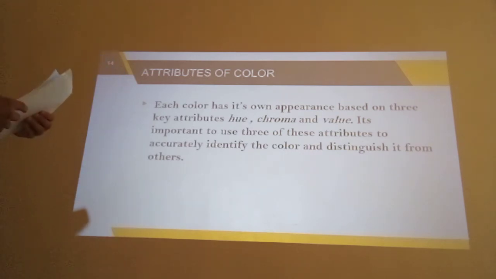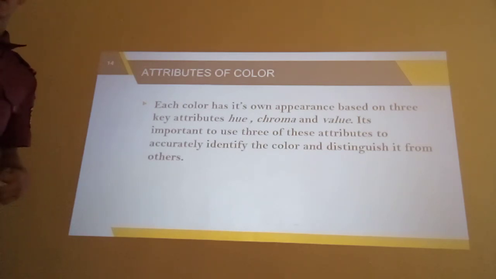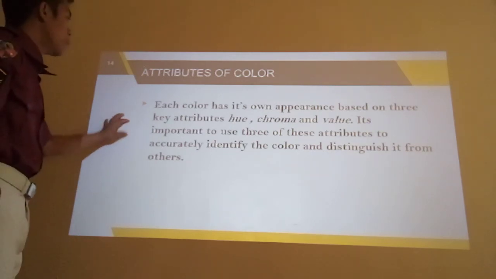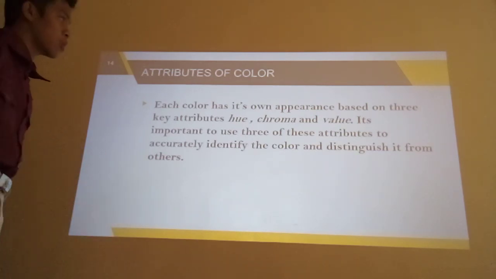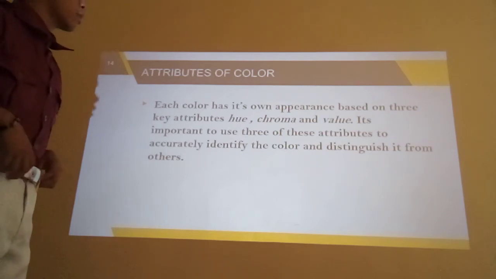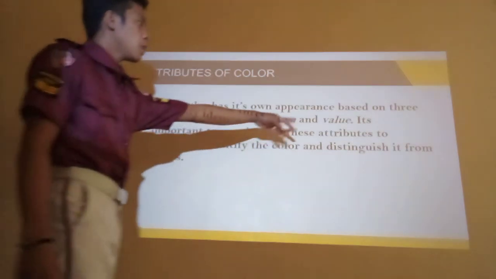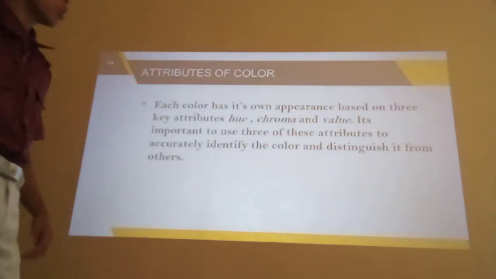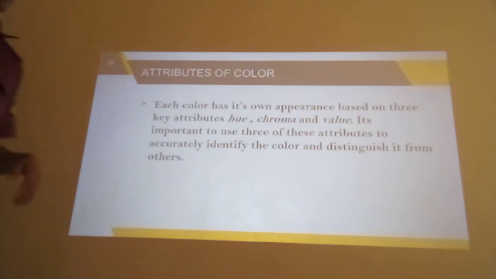It is very important to use all three of these attributes to accurately identify colors and distinguish them from others. The book definition of the attributes of color is that each color has its own appearance based on three key attributes: the hue, chroma, and value. It's important to use all three of these attributes to accurately identify the color and distinguish it from others.